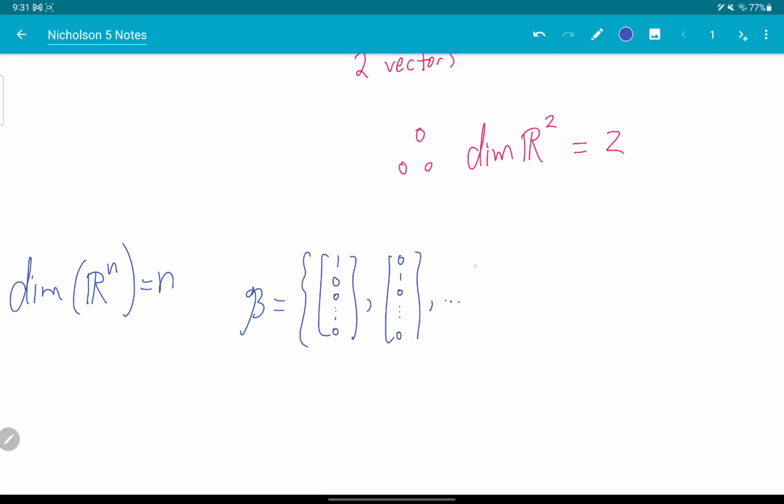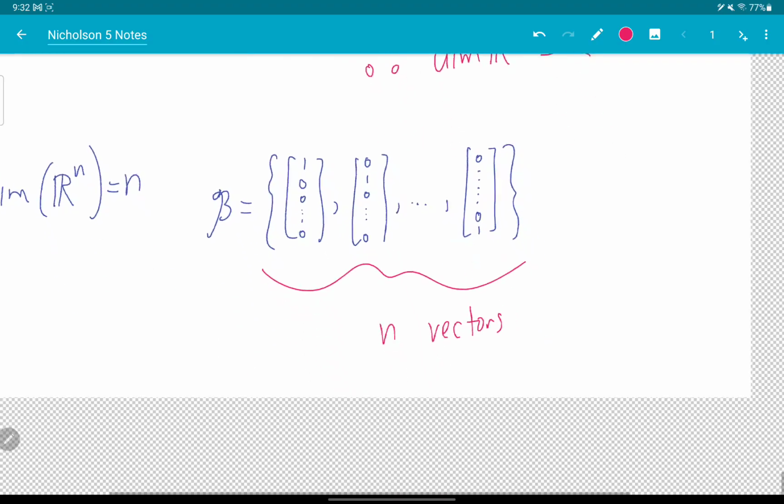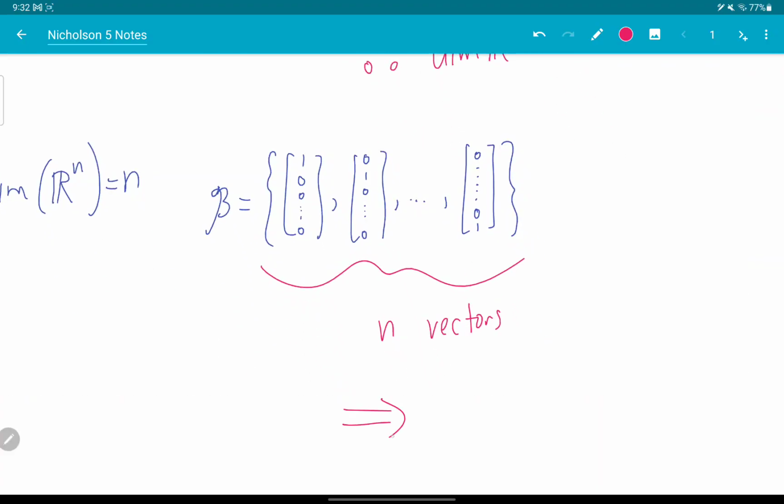And you continue in this way until you get to the last one, which has a 1 down here, and the rest of it is zeros. And this has n vectors. This basis has n vectors. So the dimension of Rn is n.